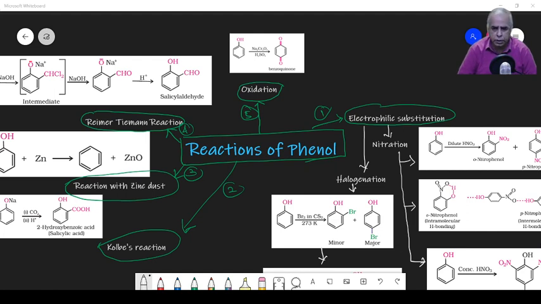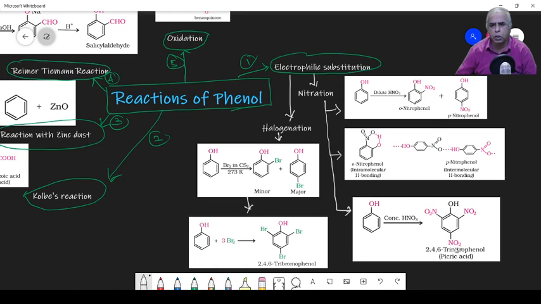Now we are considering the ortho or para orientation with regard to the nitration of phenol. On excessive nitration, it may lead to picric acid, that is 2,4,6-trinitrophenol. The hydroxyl group should be given the priority here, so that should be numbered as 1, and nitro groups in the second, fourth and sixth positions.